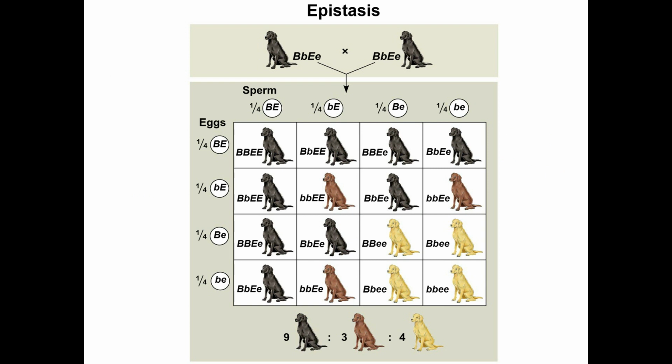Here you have two black labs that are carriers of the recessive pigment depositing allele. So here you end up with a mixture of offspring that are black lab, chocolate lab, and golden.